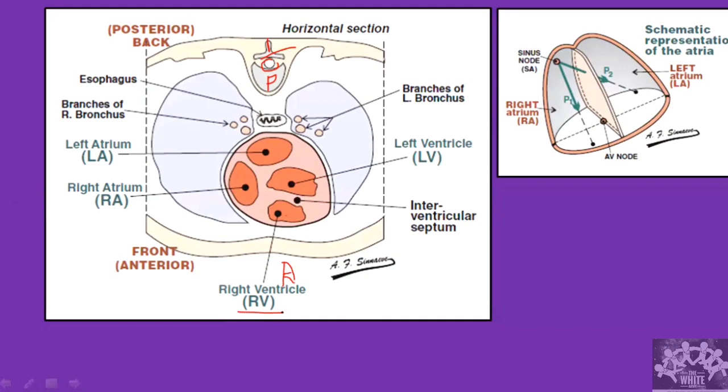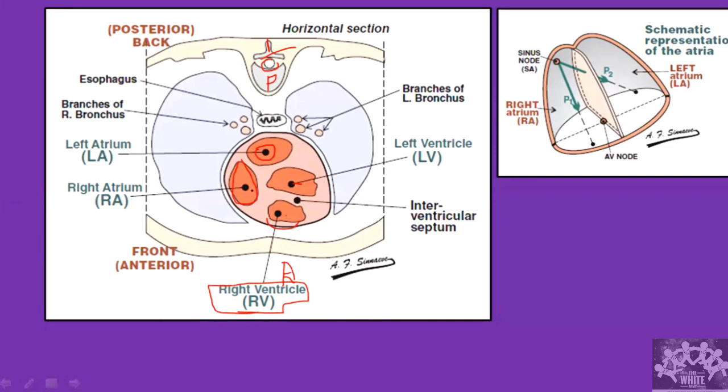That is why, when we check the parasternal heave, it indicates right ventricular enlargement, because it is easily palpable, being most anterior. Then followed by that, there is the LV, then the right atrium, and then the left atrium.